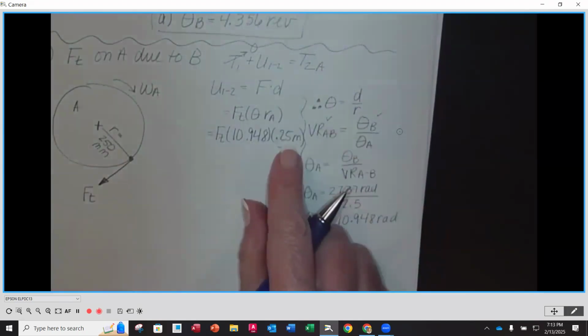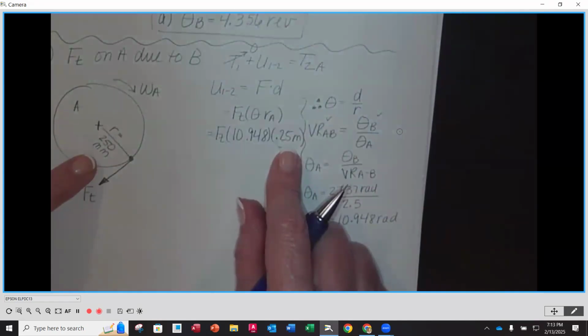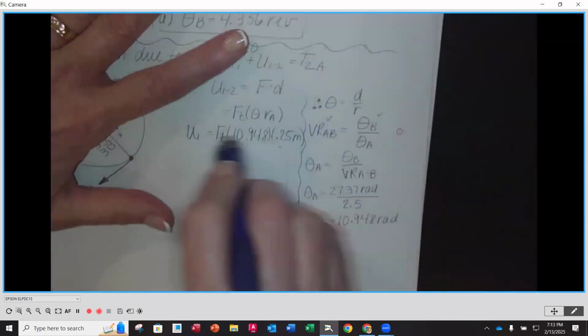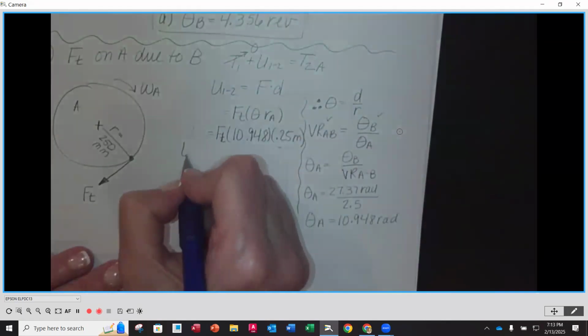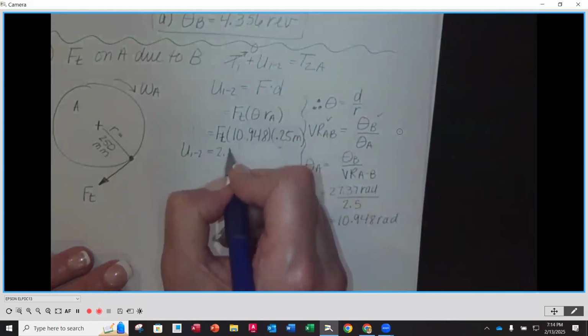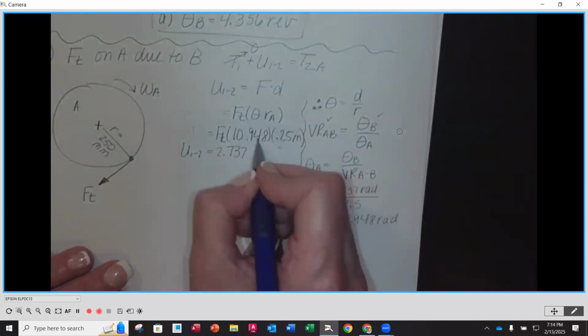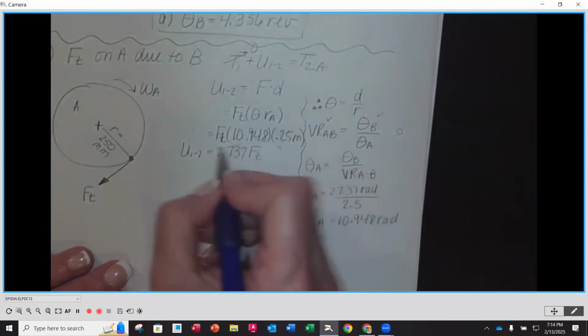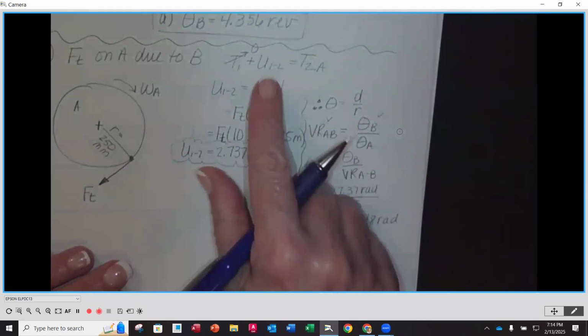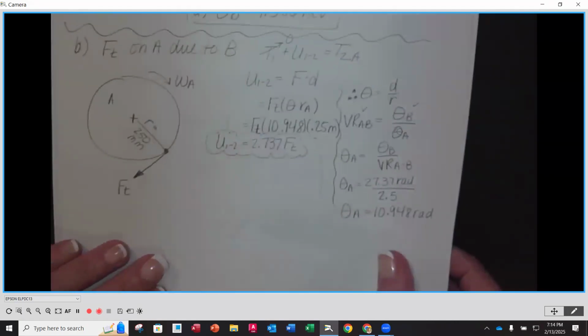I'm just going to put the meters there because we're going from 250 millimeters to 0.25 meters. It has to be in meters. So that's what our work is going to be. Multiplying those values out, U1 to 2 is going to be 2.737 times FT. So that's going to be the work in our equation above.